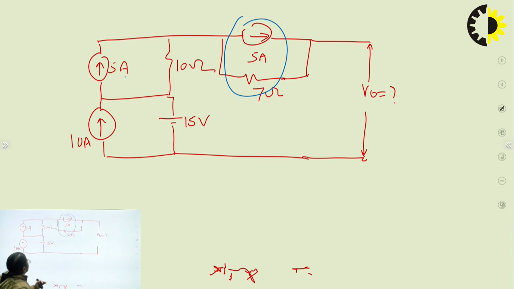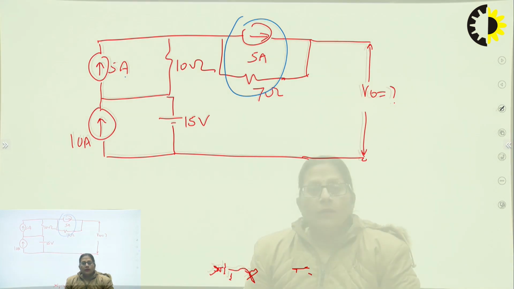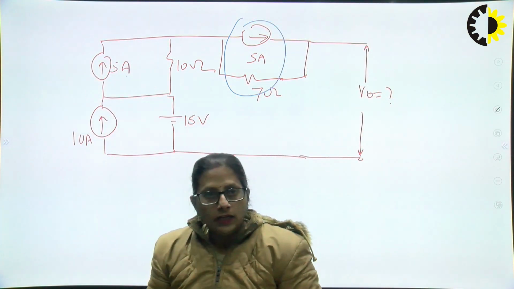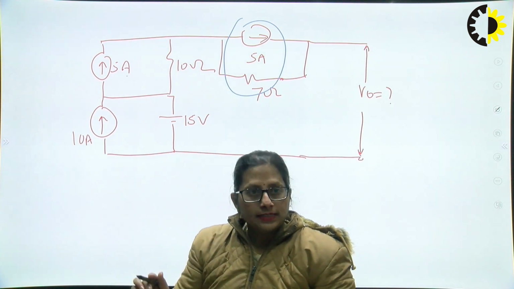When I transform this 5 ampere and 10 ohm, what will be the value of the voltage source? We have just seen the value of the voltage source is V equals I into R, that means the current multiplied by resistance. So that value would be 5 tens are 50, with the same amount of resistance connected in series.